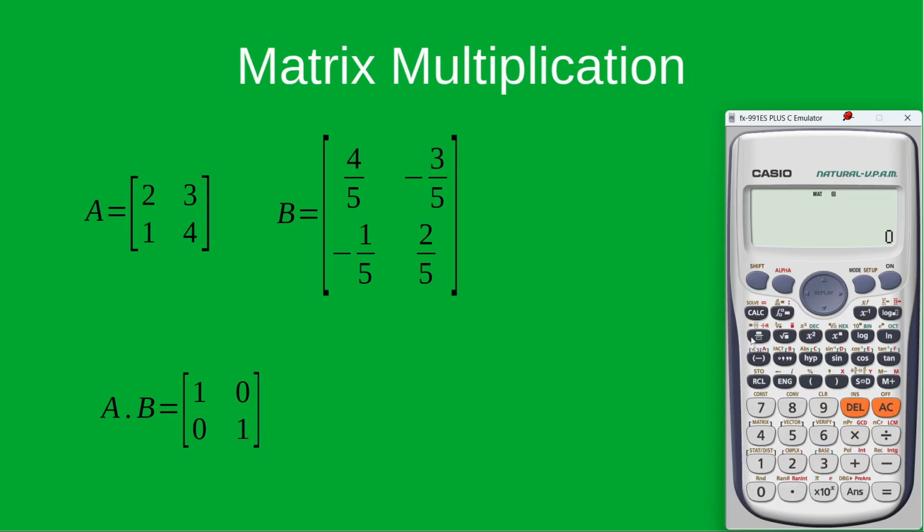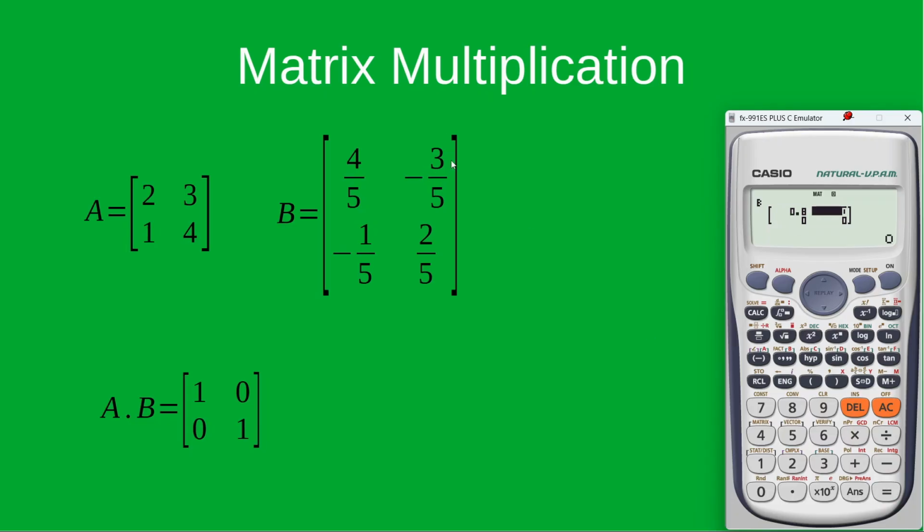Now to enter matrix B, once again press Mode, press 6, and now press 2 to enter matrix B. This is also a 2 by 2 matrix, so press 5 and enter the matrix. That is 4 divided by 5 is the first element.